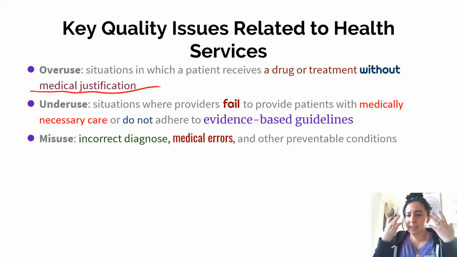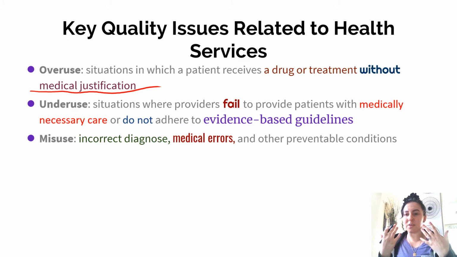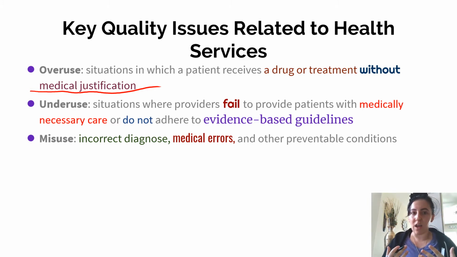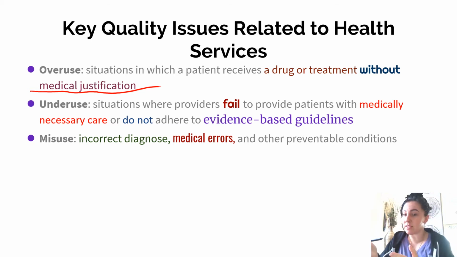So I want you guys to think of situations. Think of your own examples of how to use these terms and situations. So this would be a situation where a provider did not provide the patient with what they should have. Maybe they didn't give them all the medications that you usually prescribe for this particular diagnosis.